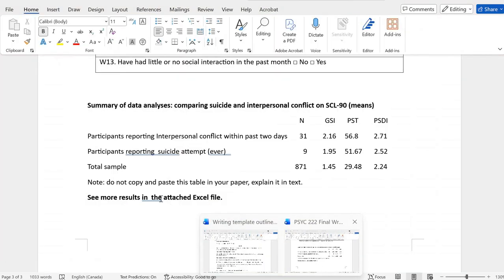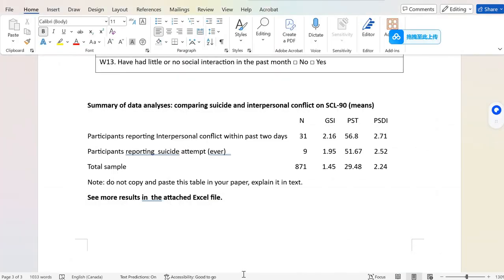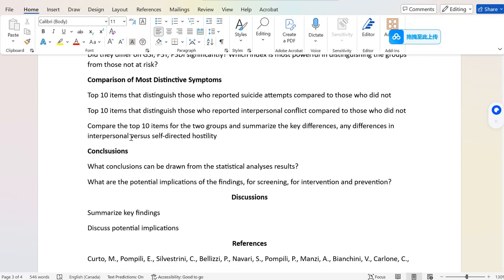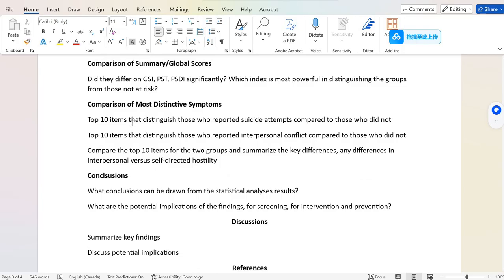And you can write this up in your writing. You can report that the top 10 items that distinguish those who report suicide attempts compared to those who did not show that most of the distinguishing symptoms on the top 10 list were intrapersonal, self-directed distress.